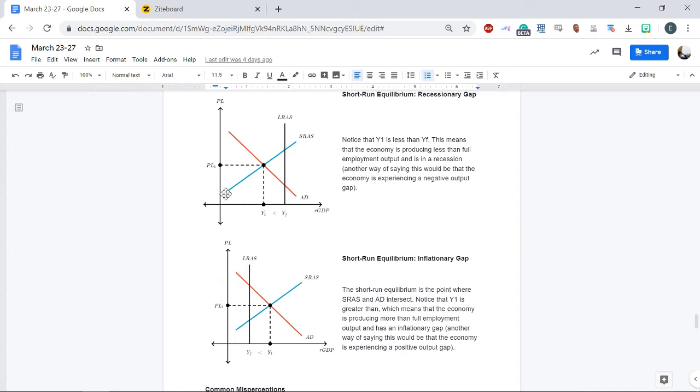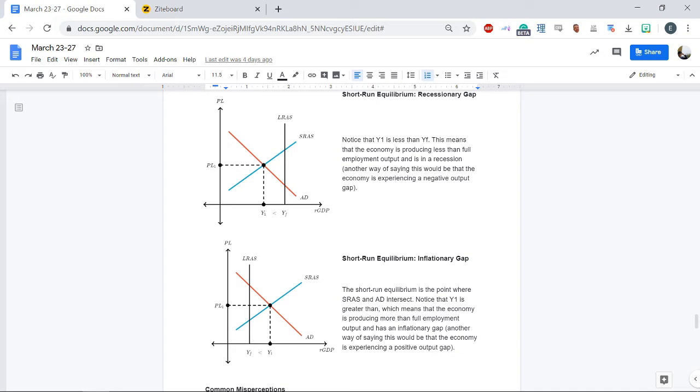So if you look at this first graph on top, we see the SRAS, the short run, and the aggregate demand. There is the short run equilibrium, and see how they have it labeled Y1 and PL1. Now, if you draw your long run aggregate supply line to the right of this equilibrium, let's see what happens.